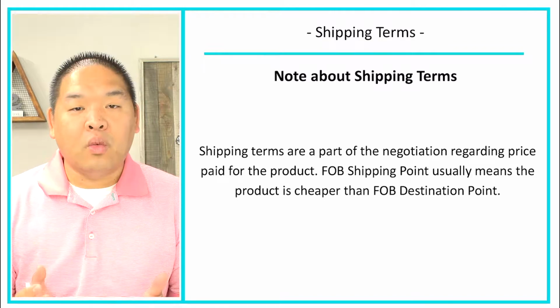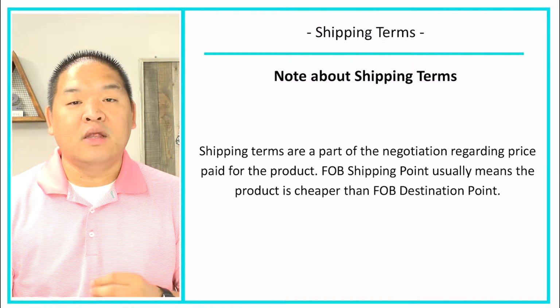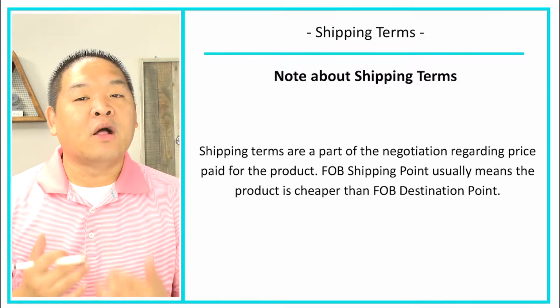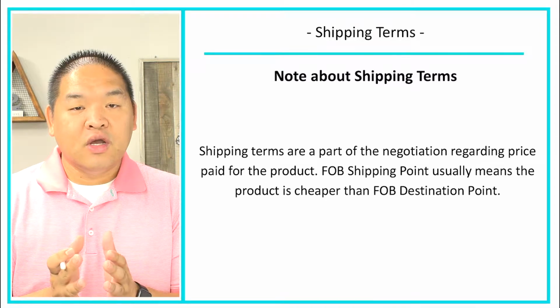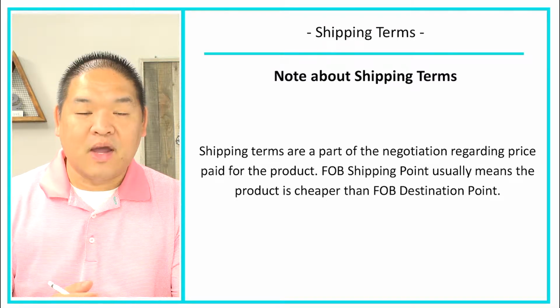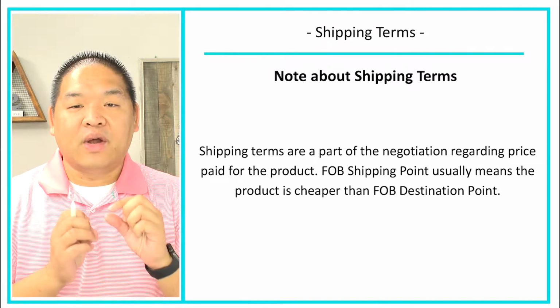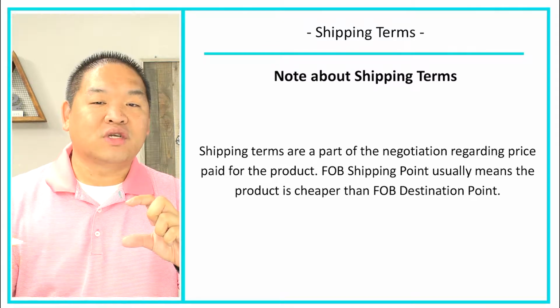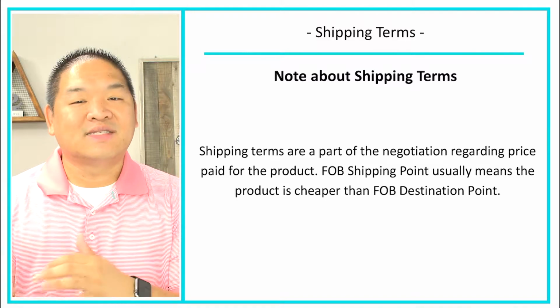So this is a great way to actually negotiate the price of a product based on who's going to take the risk. Now, a lot of companies do try to negotiate down and do FOB shipping point rather than destination point, and then take some of whatever difference is saved to buy insurance from a third party so that it's still insured.